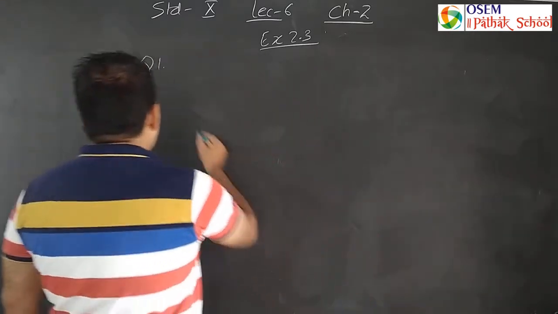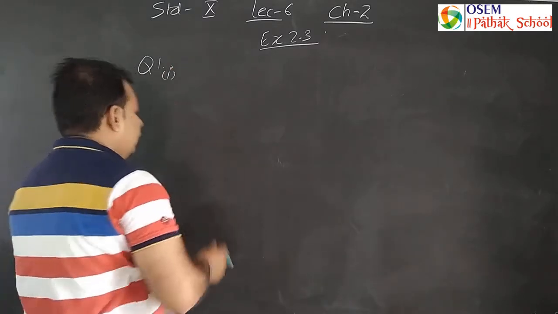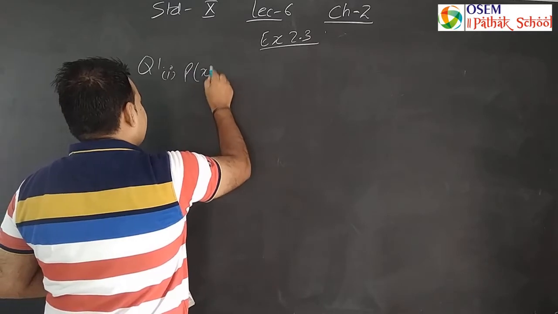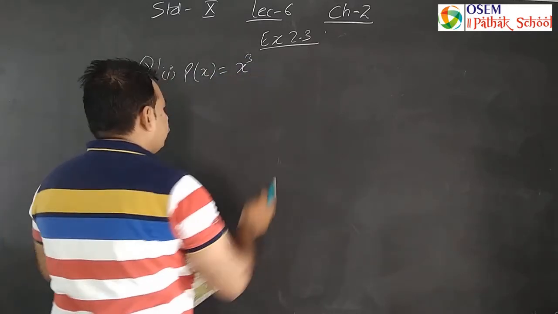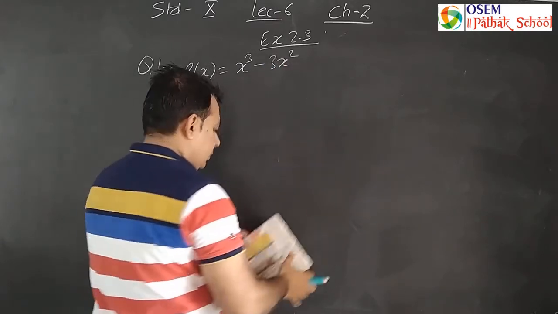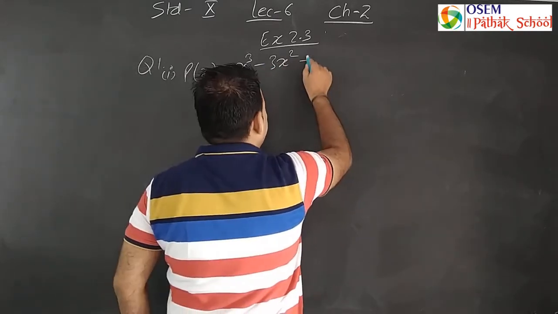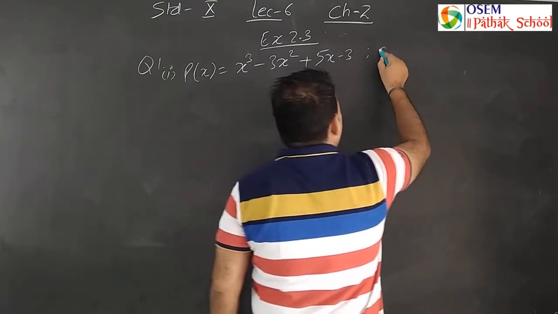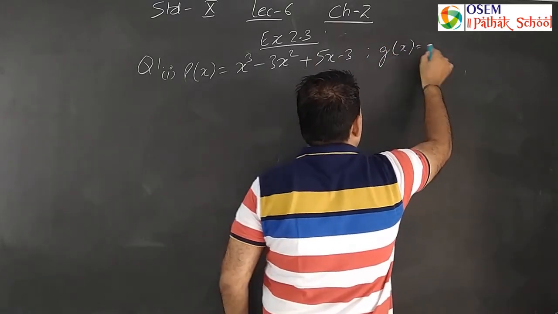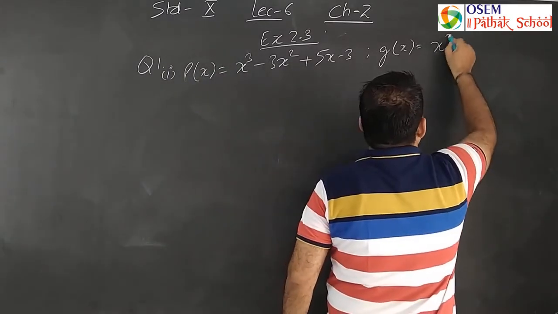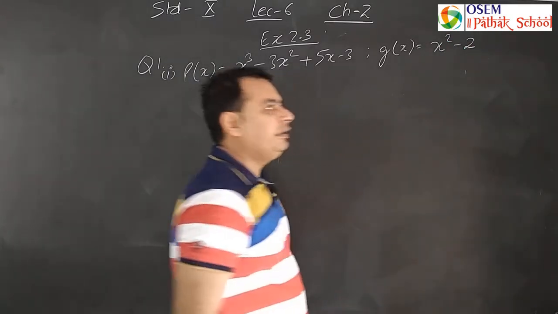The first one is divide p of x, which is x cube minus 3x square plus 5x minus 3, where g of x, the divisor, is x square minus 2.